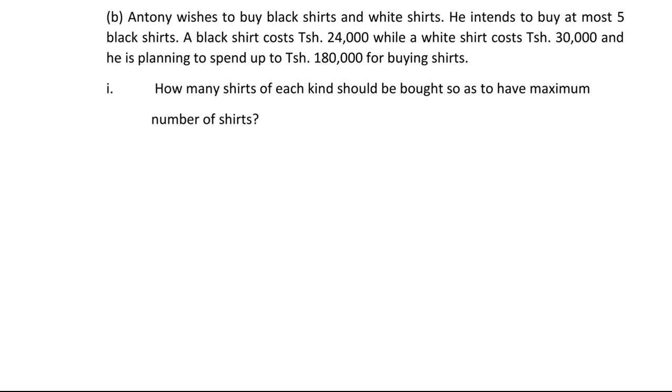Okay, so for this one, first we are going to form the inequalities. So let us assume x equals the number of black shirts and y equals the number of white shirts. A single black shirt costs 24,000, then x shirts will cost 24,000x, and a single white shirt costs 30,000, then y shirts will cost 30,000y.